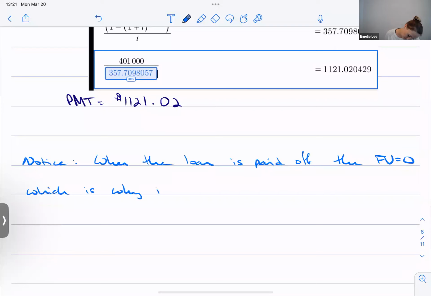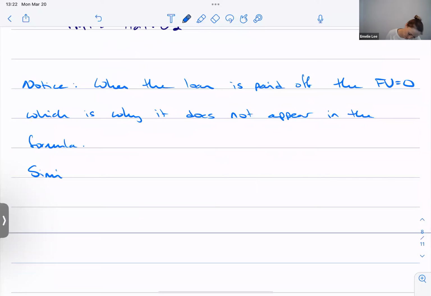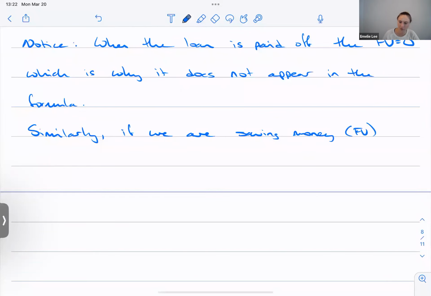Similarly, if we're saving some money for some future value, then we start with 0. We usually start with 0.